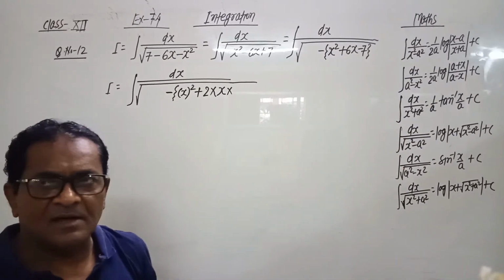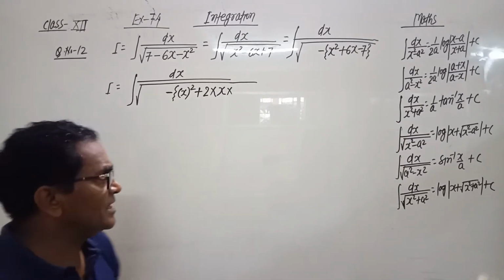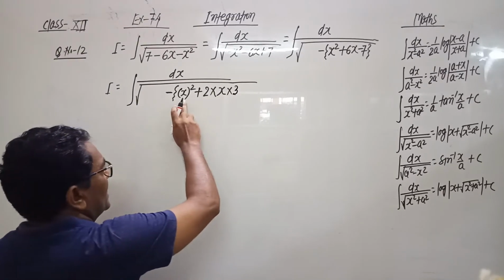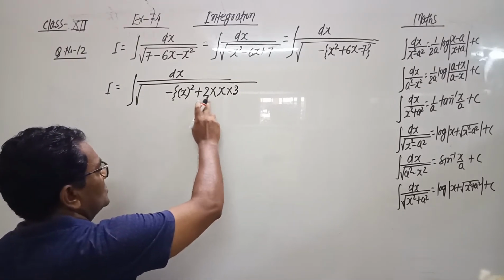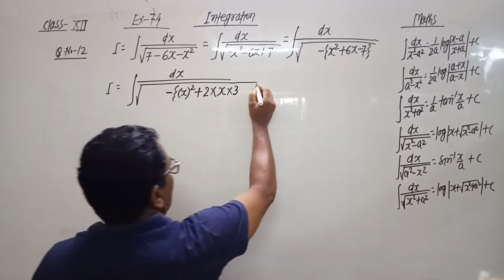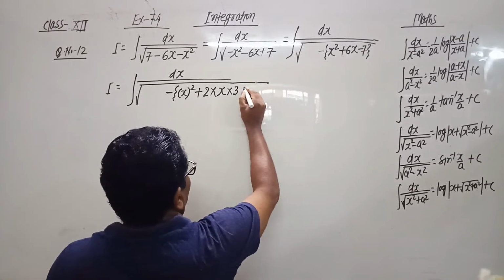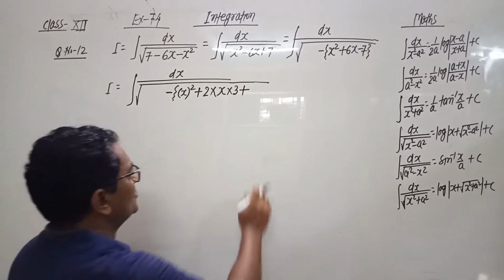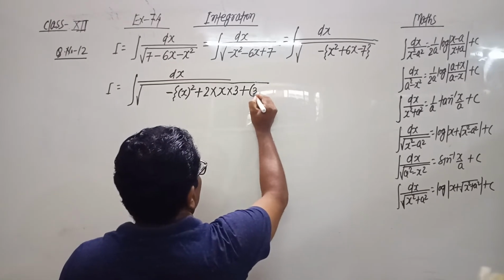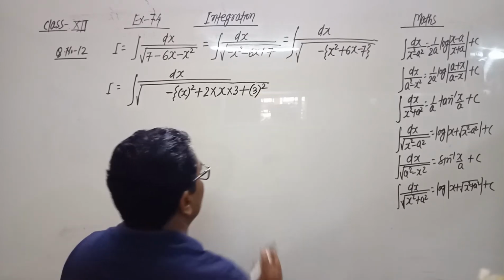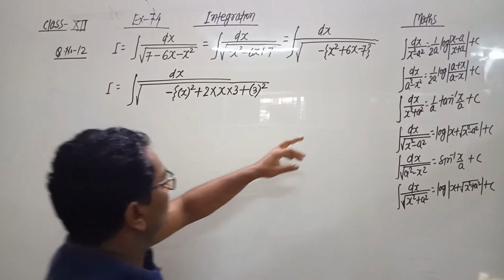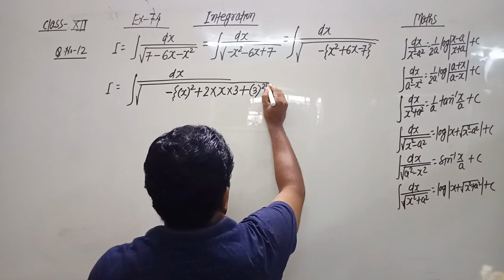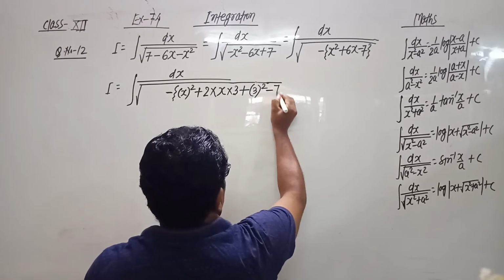It means the value of b chosen is 3. Now the formula becomes a square plus 2ab, and now we will have to write plus b square. The value of b which we have taken is 3, so we write 3 the whole square. And then we will have to write minus 7.